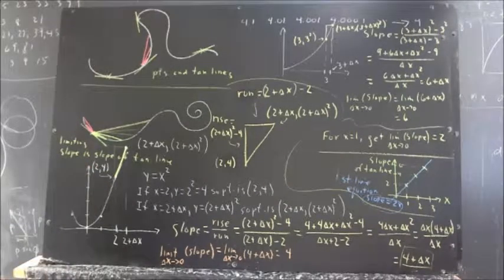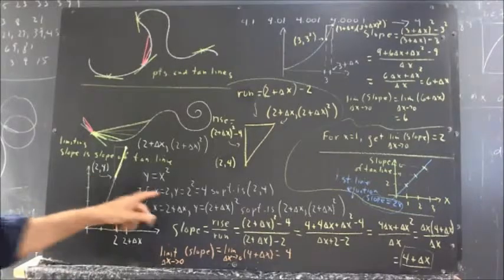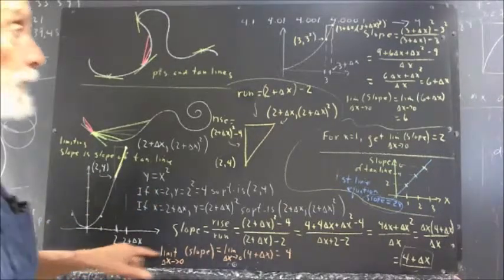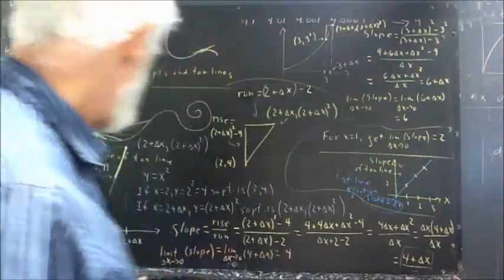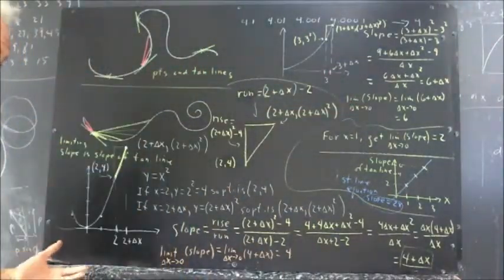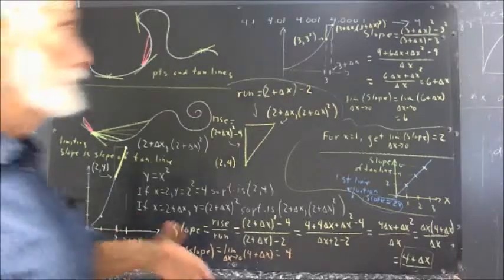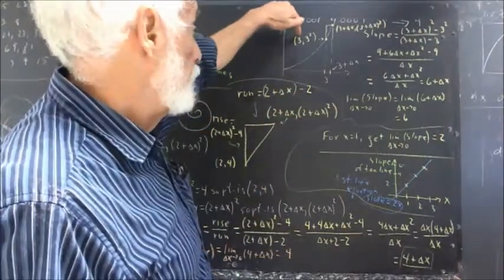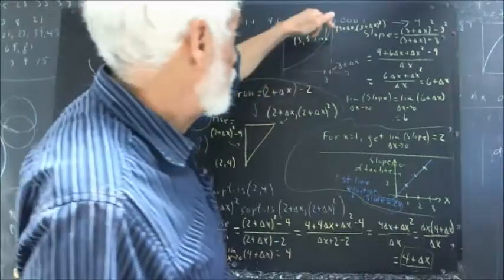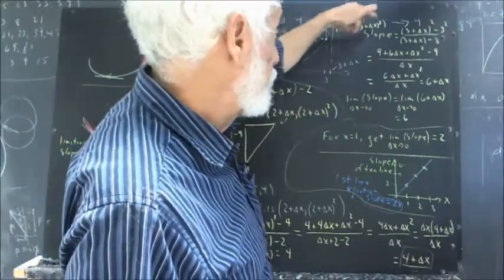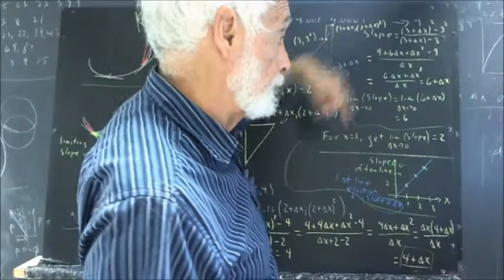Now we can do the same thing for x equals 3 and 3 plus delta x. So here's 3 and 3 plus delta x, and you're asked to simply go through the same process. Well, that's rather easily done. We have the point 3 squared on the graph, and the point 3 plus delta x, quantity 3 plus delta x squared.